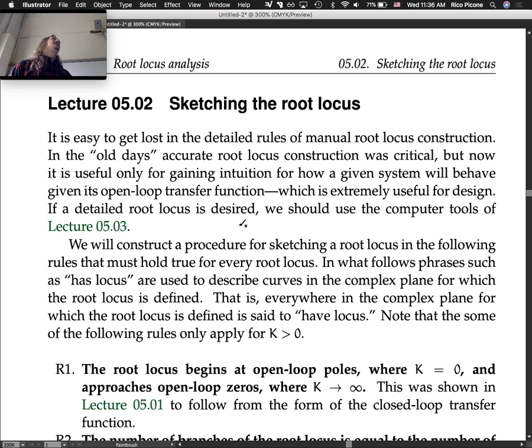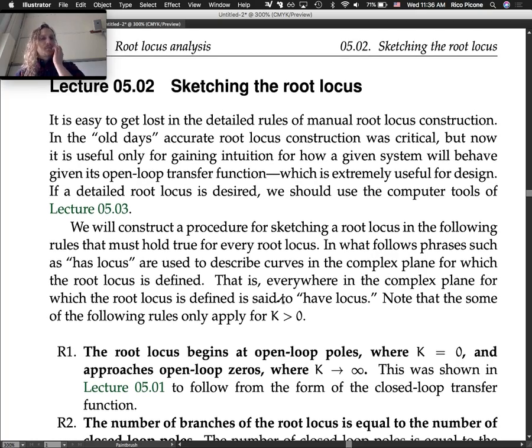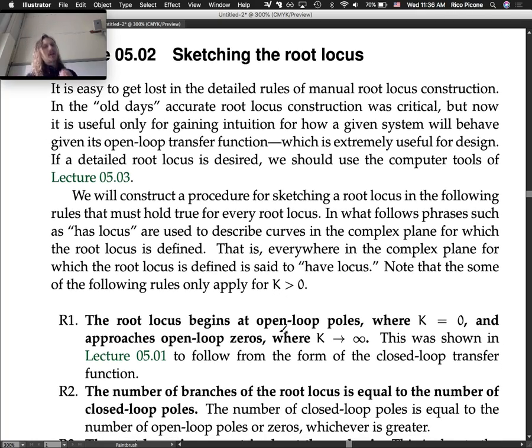We could just use MATLAB to spool it out, but getting an intuition for how changing something in the system would affect the controller design is the real reason to learn this root locus sketching technique. If a detailed root locus is desired, we should use the computer tools of the next lecture. We will construct a procedure for sketching a root locus in the following rules that must hold true for every root locus.